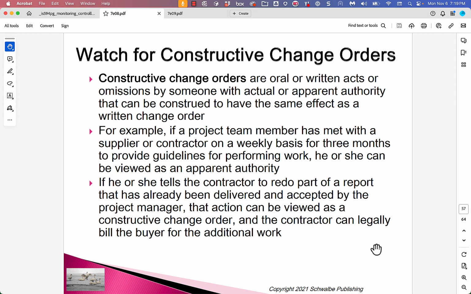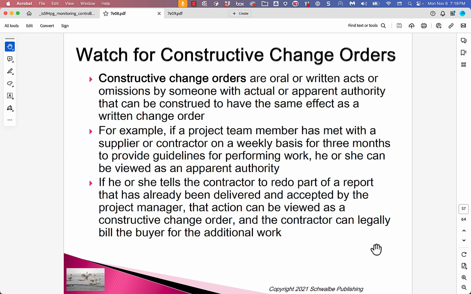And the point here is that people on your project can have conversations with contractors, suppliers, or, if you are a contractor or a supplier, with your client, that they think are informal, but people on the other side are going to come to rely on them. And then the law is going to say that they're binding.